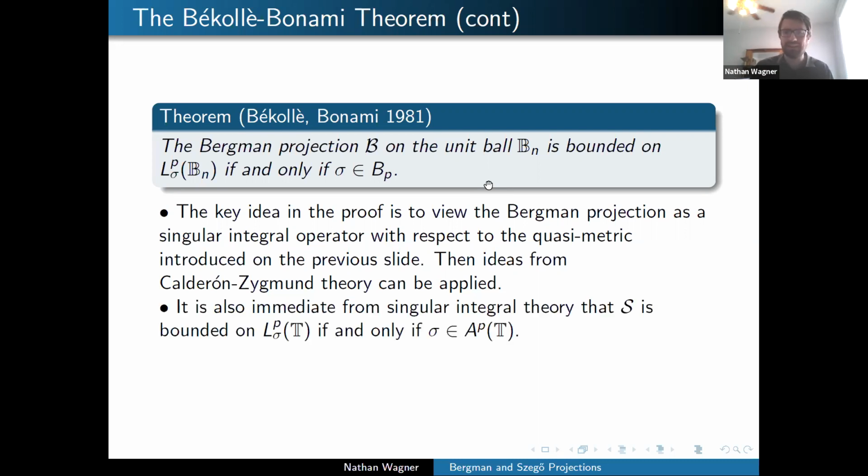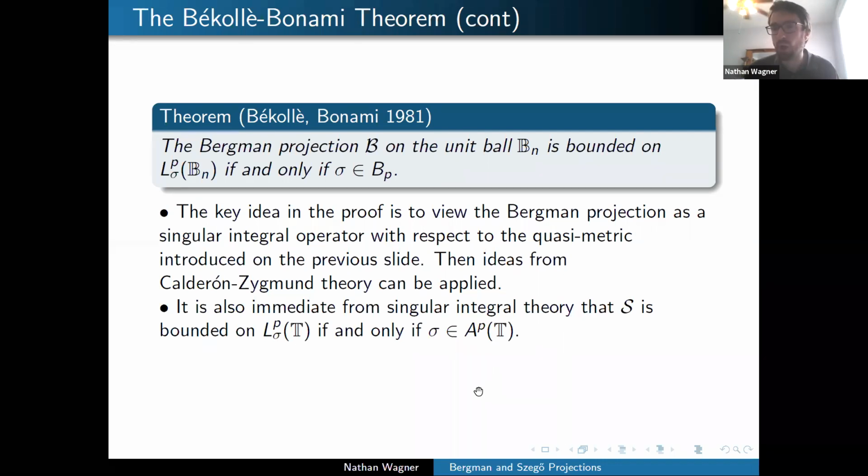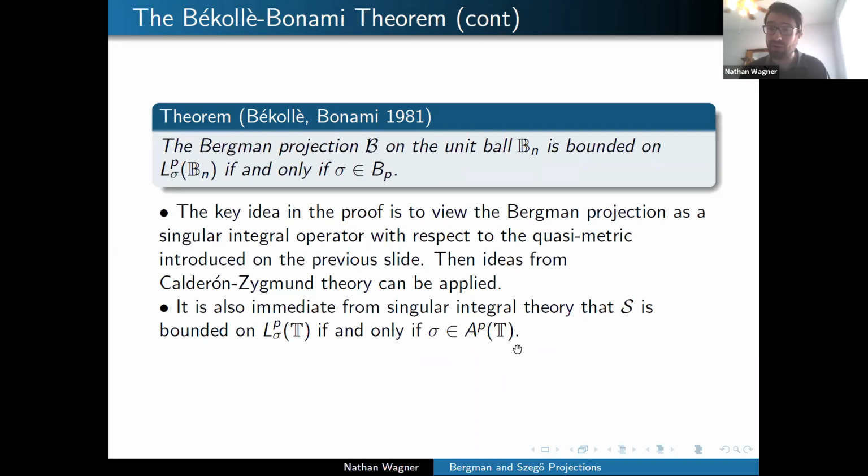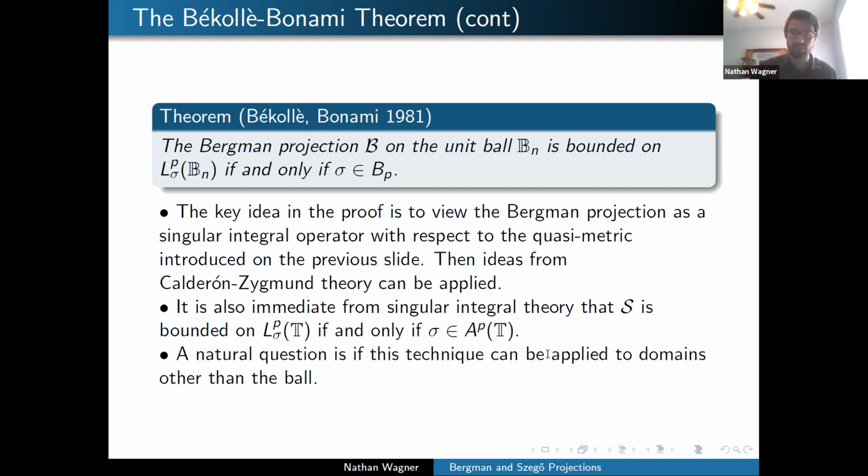I'll also mention that because the Szego projection on the circle is a singular integral, it's immediate that the Szego projection is bounded on LP sigma of the circle if and only if sigma is in AP. You could say a similar thing for the ball, and in fact for other domains. So the general idea is that the AP class is the correct class for the Szego projection, and the BP class is the correct class for the Bergman projection.